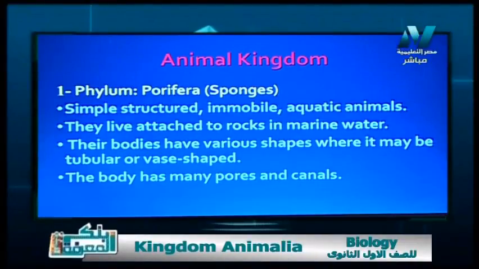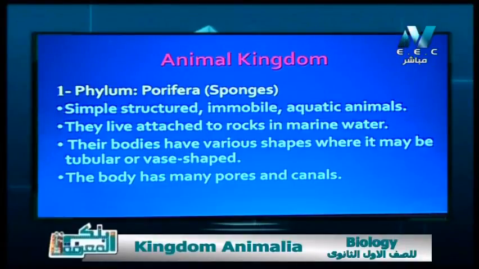The first phylum is called Porifera, and the most important example of this phylum is the sponge. So the sponges are simple, structured organisms. They are immobile, that means they don't move, they don't have locomotory organs, and they are aquatic animals, living in marine water, seas or oceans.